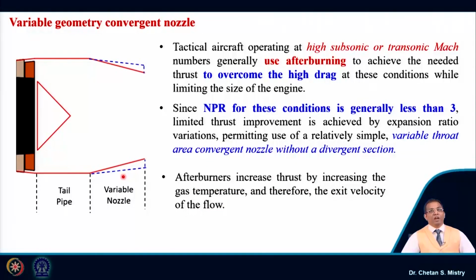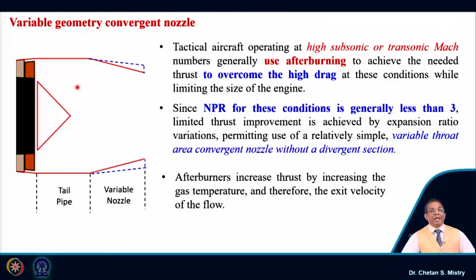Okay. Now, if we are incorporating the afterburner, we have not discussed at this moment what we mean by afterburner. Basically, in order to augment the performance or increase the thrust generation capacity of the engine, we inject fuel at the exit of our turbine.